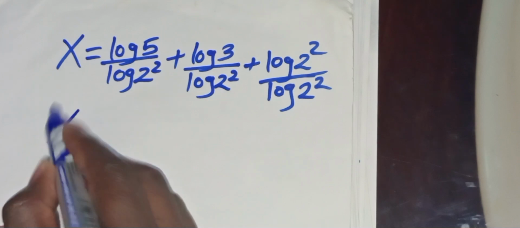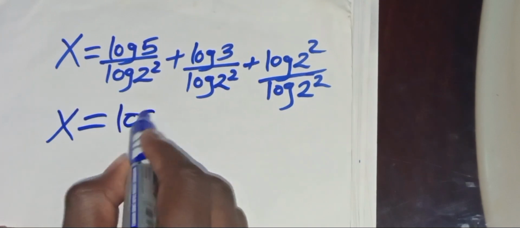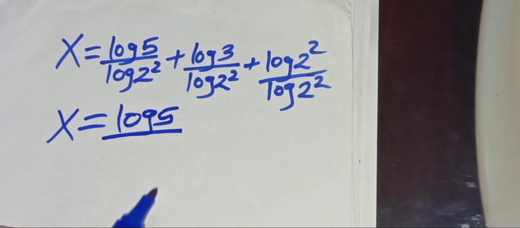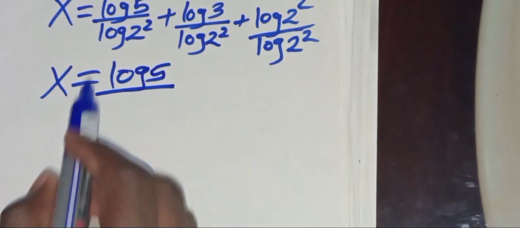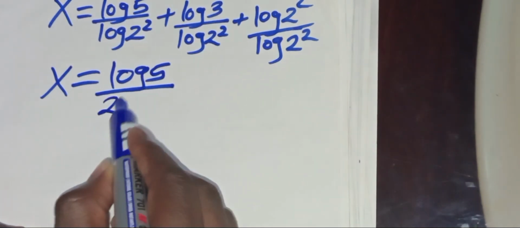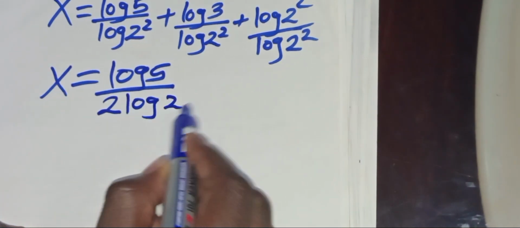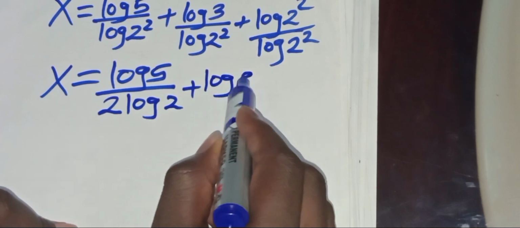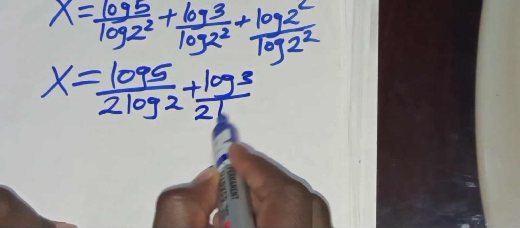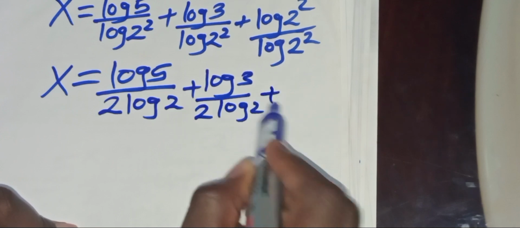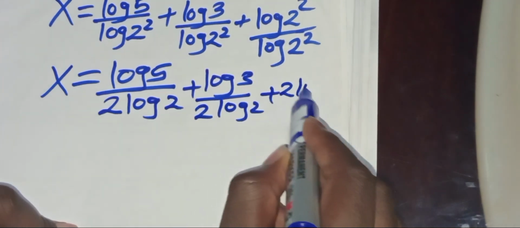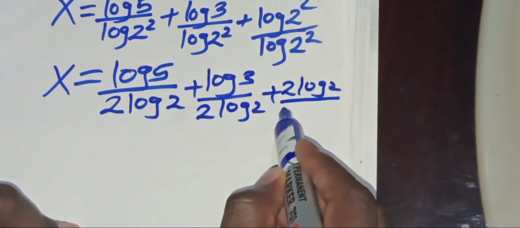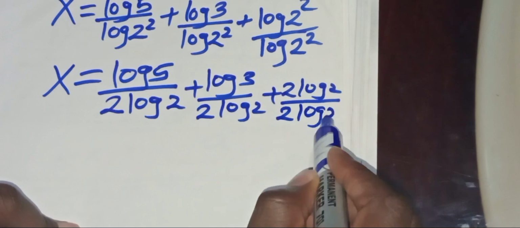Now, you can express this as log 5 divided by, as you can see, log 2 to power 2 is the same thing as 2 log 2, plus log 3 divided by 2 log 2, plus 2 log 2 divided by 2 log 2.